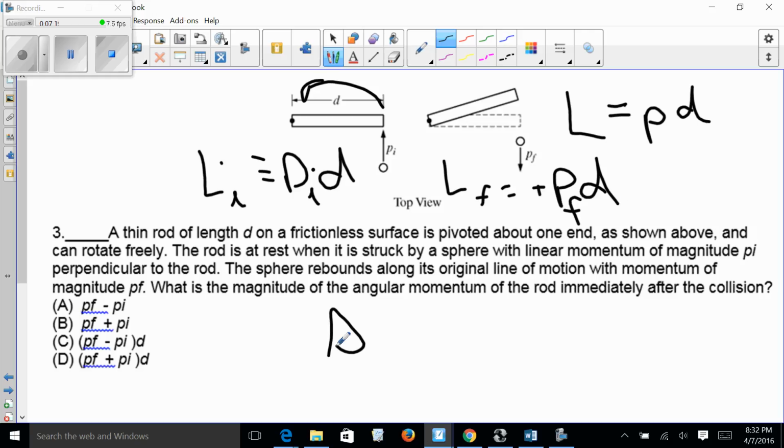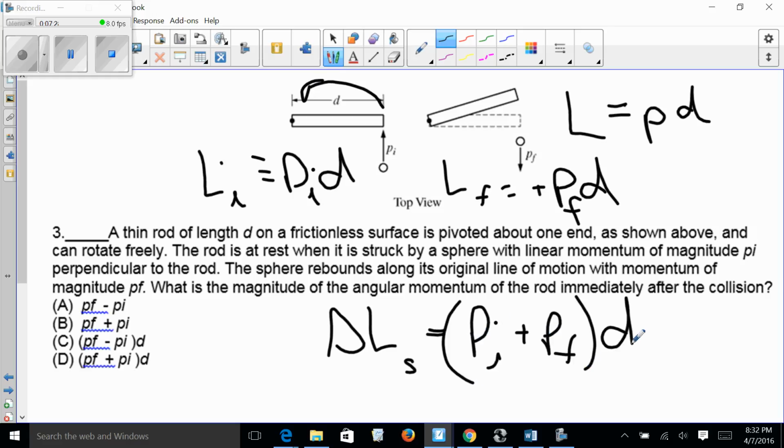So the change in angular momentum of the sphere is equal to PI plus PF times D, right? Change in angular momentum: final angular momentum is PFD minus the initial.